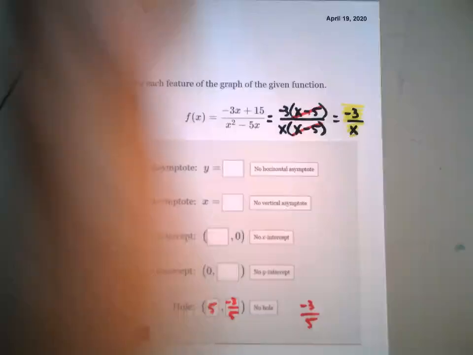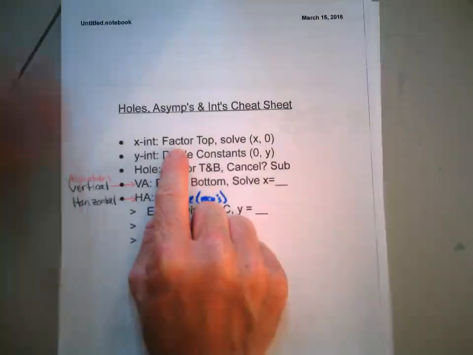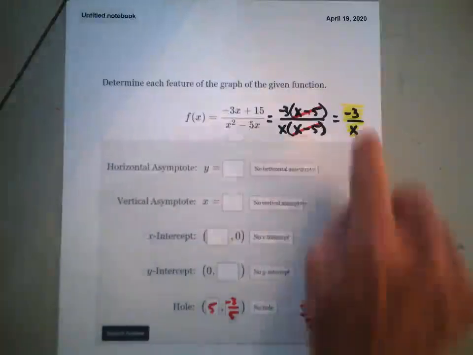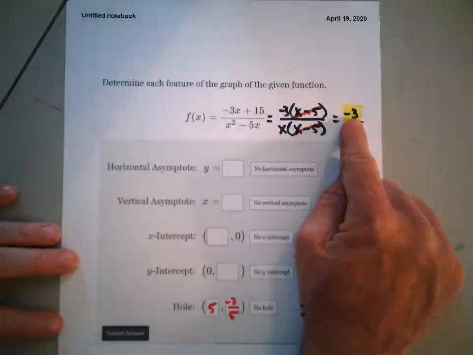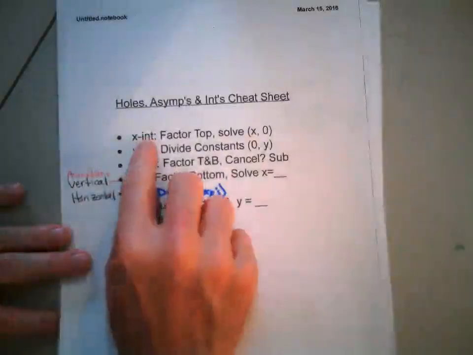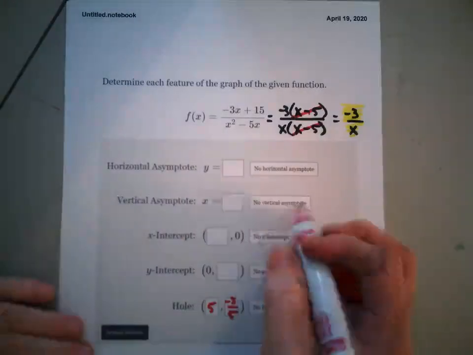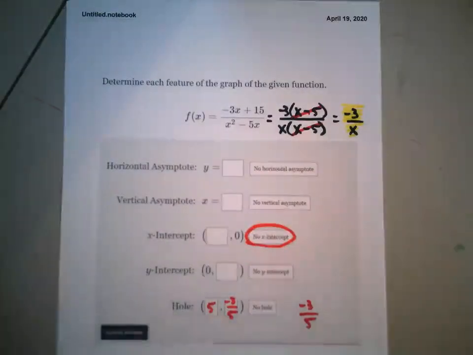Let's find my cheat sheet. Okay. All right, so if we take the top and we try to solve, you can't solve this because it has no x value. So that is for our x-intercept. We don't have an x-intercept, so we will answer it with no x-intercept.